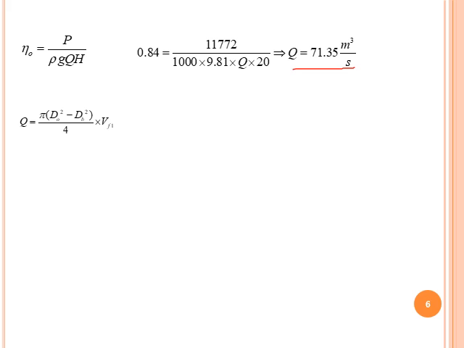Vf1 represents the velocity of flow. Q is already calculated using the overall efficiency formula, and both outer and inner diameters are known, so Vf1 is unknown. By using these relations we can find the flow velocity as 9.89 meter per second.